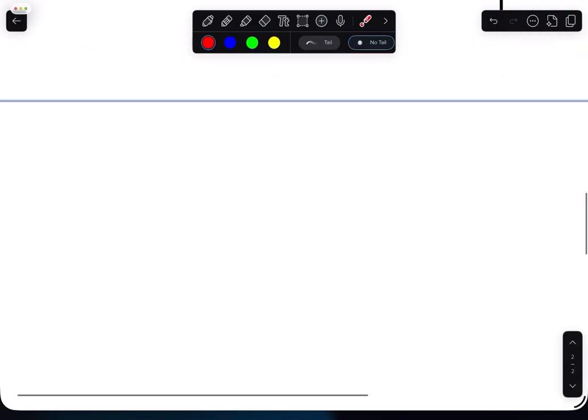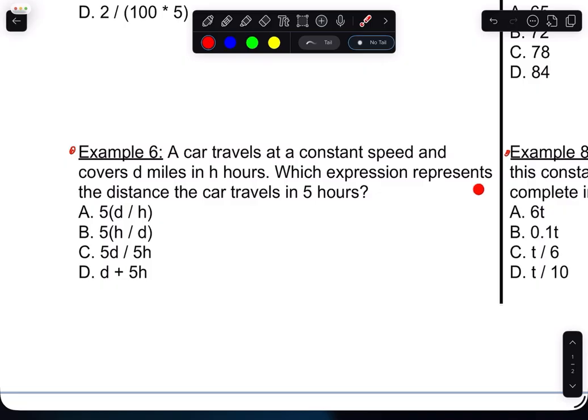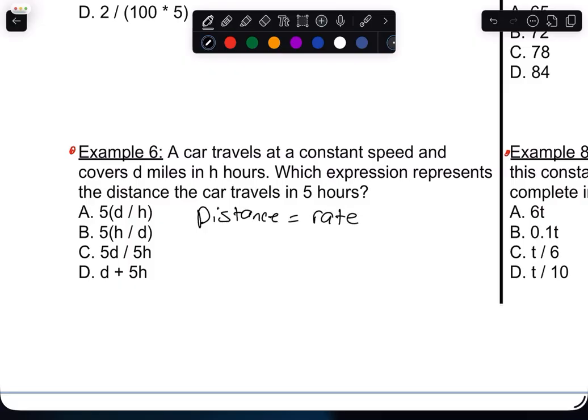Well, if you're trying to represent distance, if you don't know this, it's the speed that you're going, the rate, times the amount of time you're taking. Kind of makes sense. So in this case, if we knew some type of speed and we can multiply that by 5, that could tell me how far or the distance we're traveling.